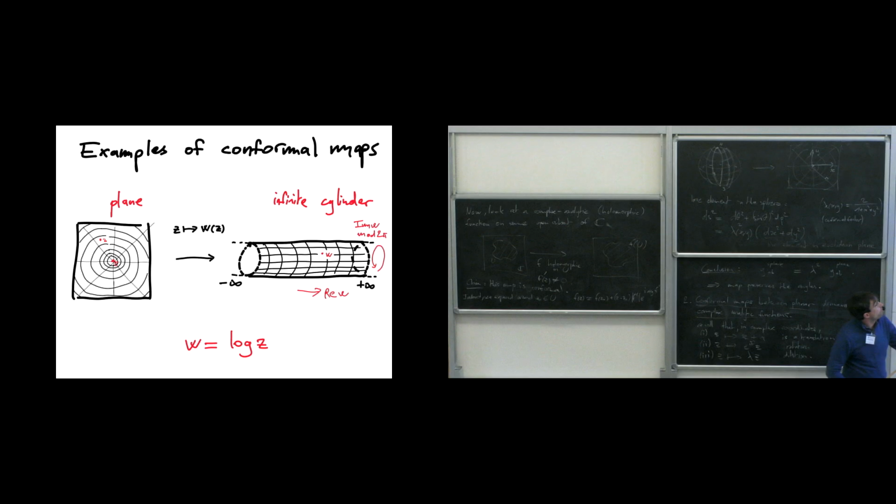The origin would be mapped to minus infinity here. The infinity of the plane would be mapped to points at plus infinity, and the imaginary part of w in this picture is measured modulo 2 pi. So if you turn around this point, you just turn around the periodic direction of the cylinder. Okay, all clear? So the plane can be conformally mapped to the cylinder with a logarithm.